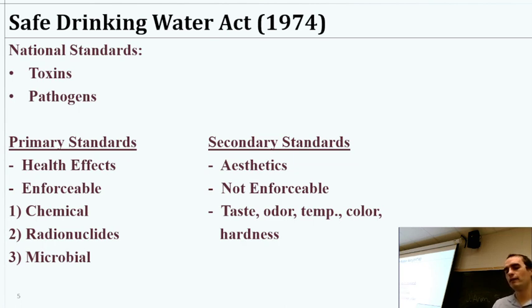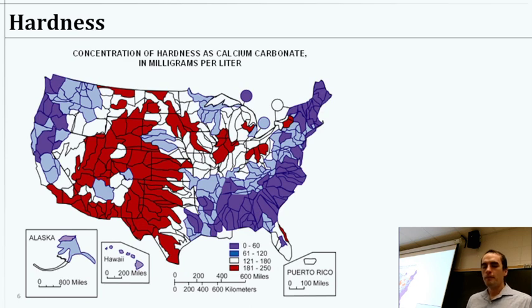And we can classify these into chemical, microbial, and radionuclides. Okay, so that's our classification. We have standards for all that. Recommendations for the secondary. Hardness, for example, changes throughout different parts of the country. This would be true of different parts of the world, obviously. And so we can use this just as an example to say, well, certain areas that have hard water are often also at risk for arsenic.